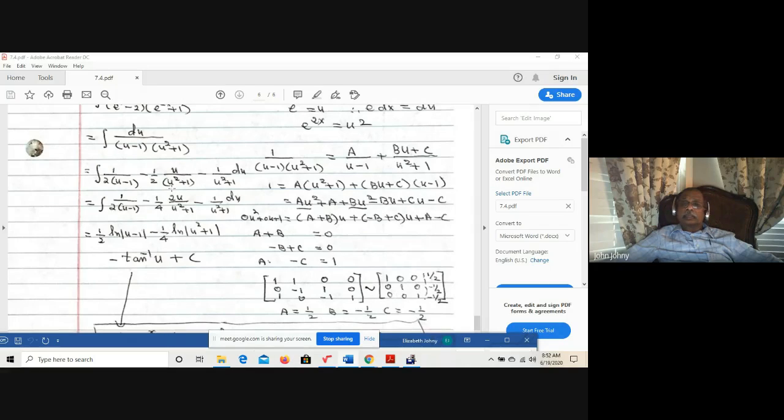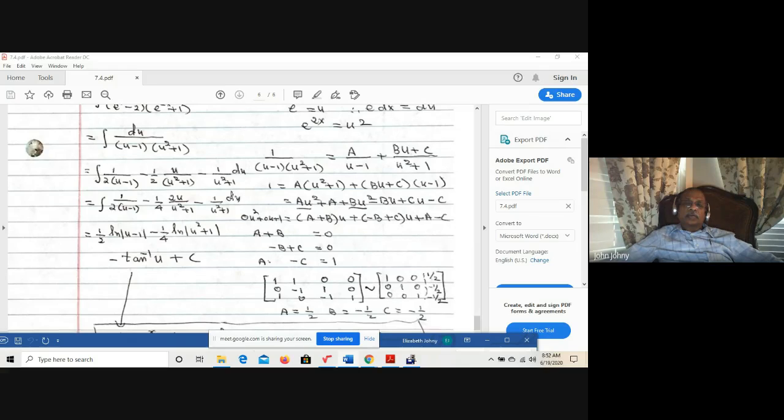C is negative 1/2. A parenthesis is missing here.